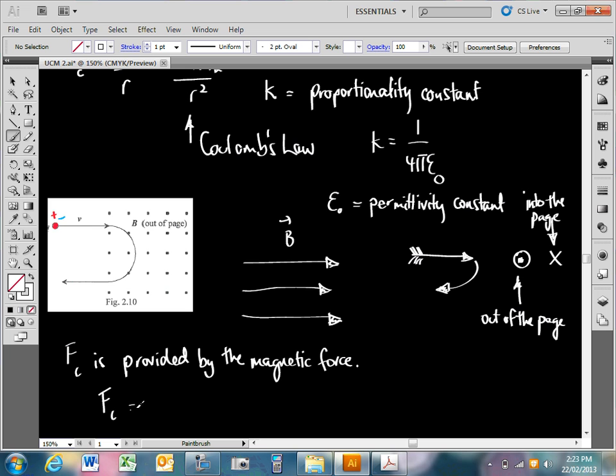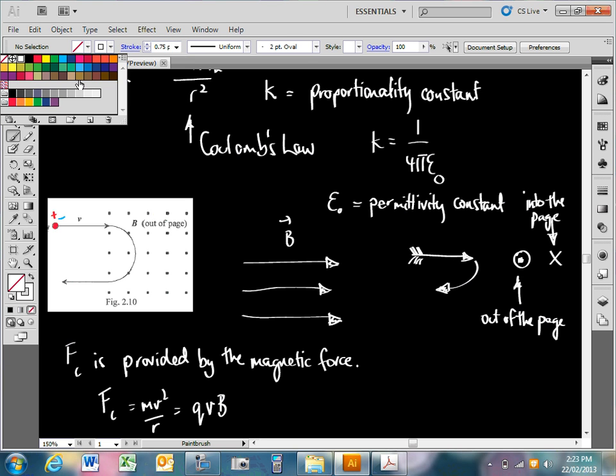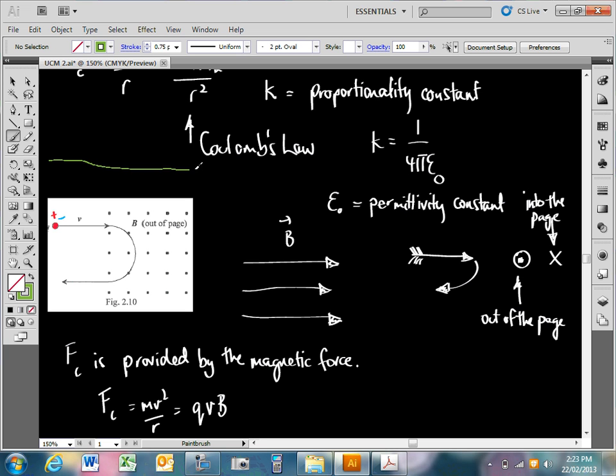Fc, of course, is equal to mv squared over r, which equals, in this case, the charge multiplied by its velocity, multiplied by the magnetic field that it moves in. I don't want this to look untidy either. Just so that you know that this one is for charged particles and this one is for magnetic fields.